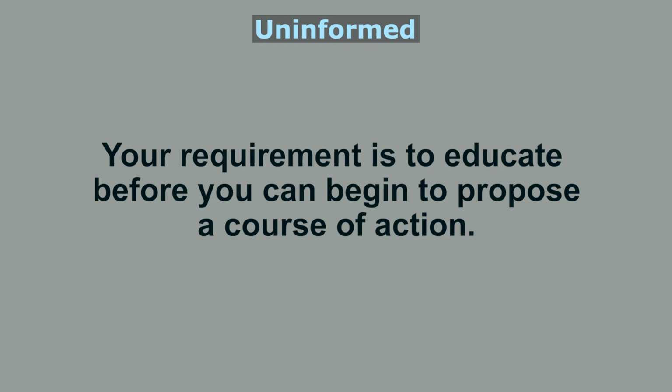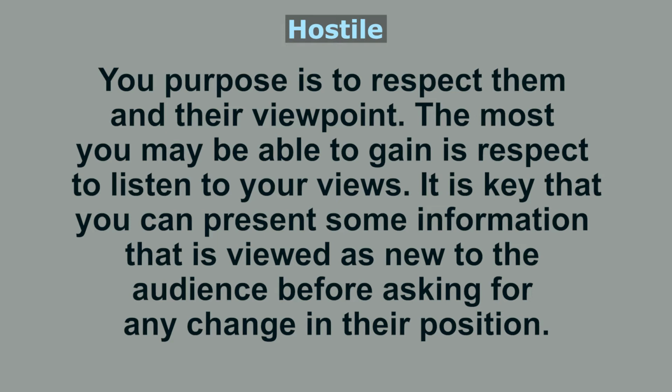So it is also the important responsibility of the speaker to educate them regarding the topic, regarding the situation, regarding the speech, and then proceed with the speech. And of course, there is a kind of audience whom we call the hostile audience, and it is the purpose of the speaker to respect them and their viewpoint.